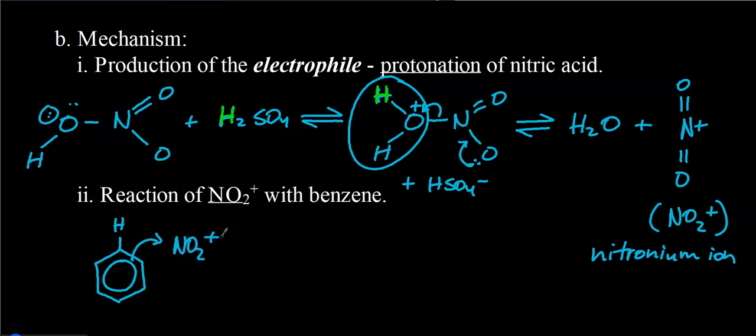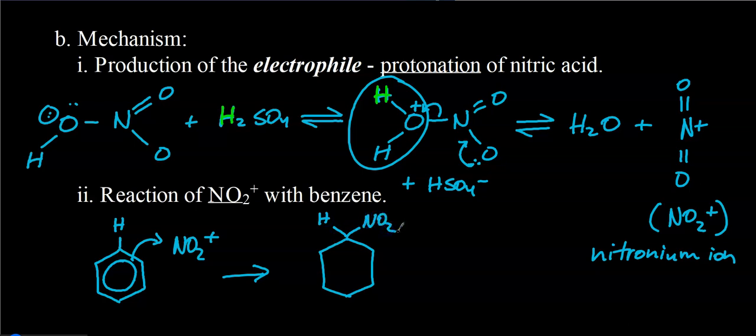So one of the pairs of delocalized pi electrons is going to grab onto the nitronium ion, and we're going to form an intermediate. And that intermediate happens to have both hydrogen and the nitro group bonded to a carbon. So I'm going to show it like this.